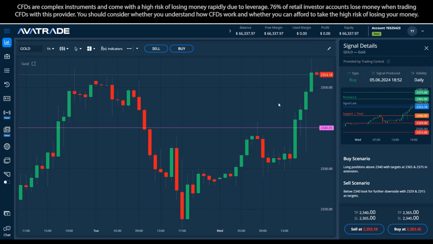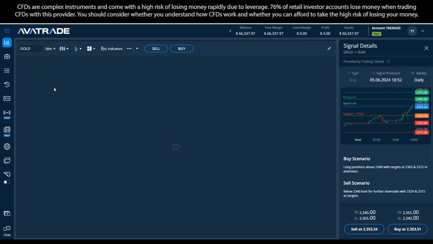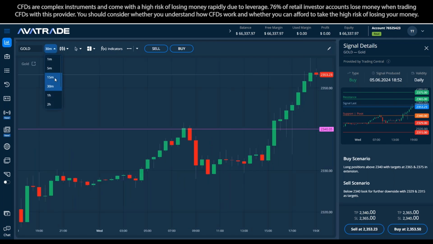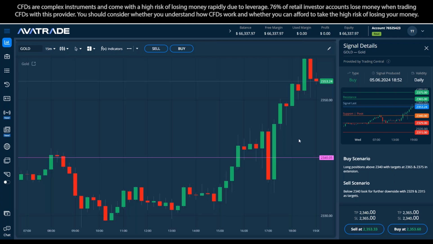Okay, so what I might do is go to the smaller candles, 30-minute maybe, 15-minute, and say, okay, where can I find a spot that I think this could pull back to? And it looks like maybe here. Okay, this is a spot that once it went up, it pulled back once and bounced, pulled back again and bounced.